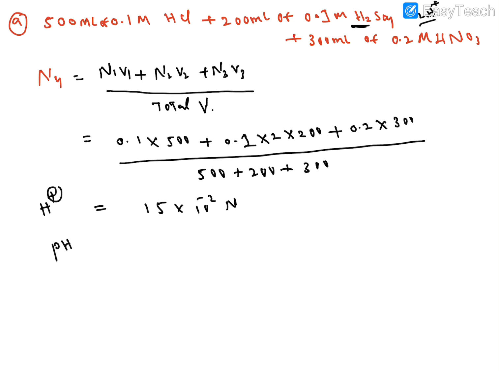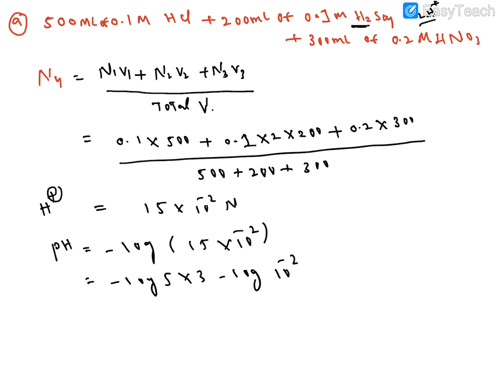So the pH is equal to the negative logarithm of the H plus concentration, how much did we get? 15 into 10 to the power of minus 2. Okay, and we can calculate here that negative, that 15 I am writing like this, 5 into 3, and minus log 10 to the power of minus 2. So what will we get here?